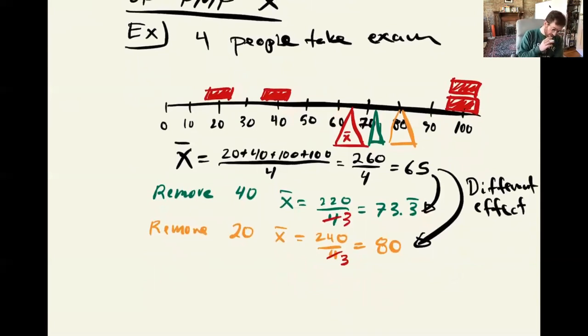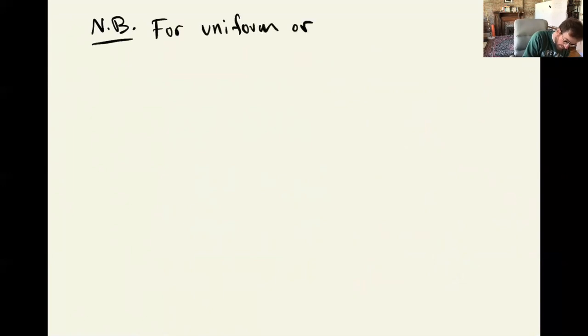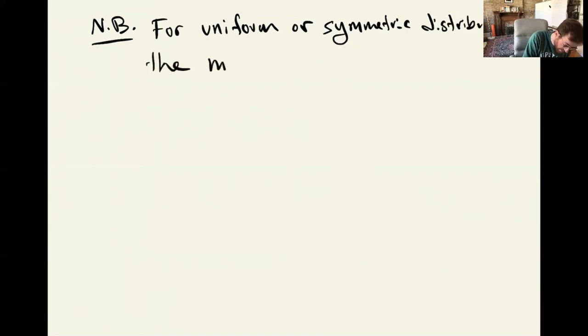This also should show you that in cases where, for example, for uniform or symmetric distributions, the mean is right around the middle.